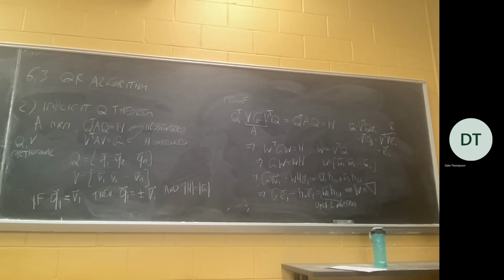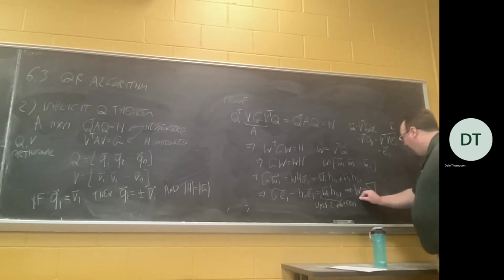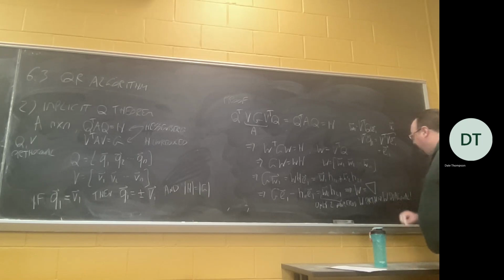Now, I don't know if this came up as a homework problem. Sometimes I assign it. If you have a matrix that is orthogonal and upper triangular, the only way that can happen is if it's diagonal. So since W is upper triangular and orthogonal, W must be diagonal. Okay.